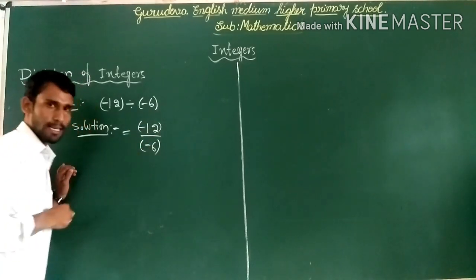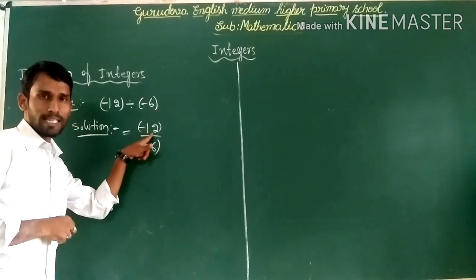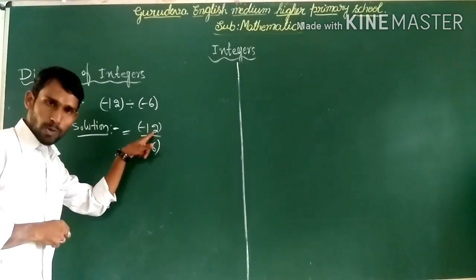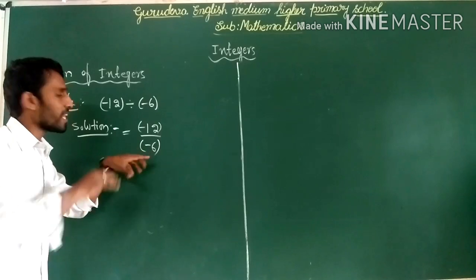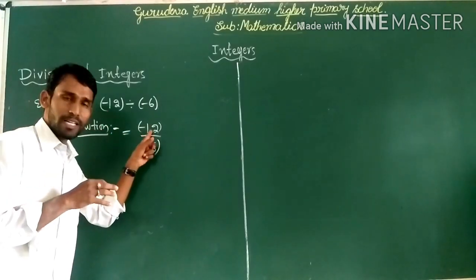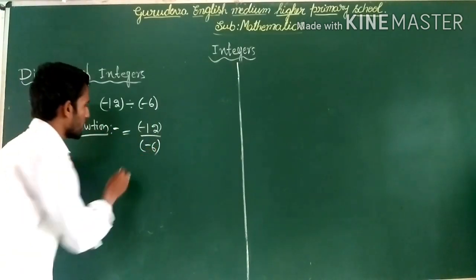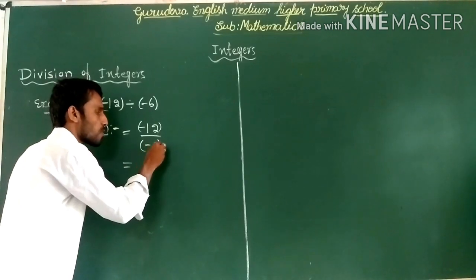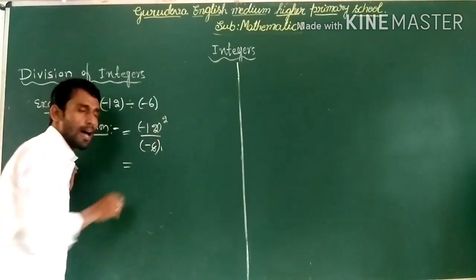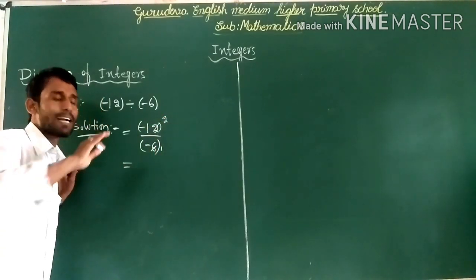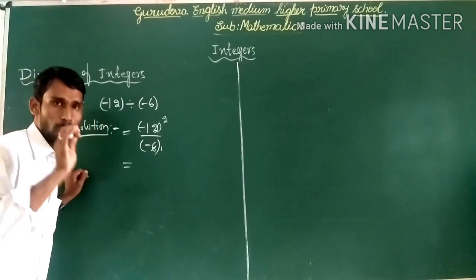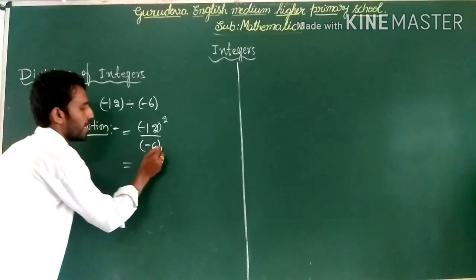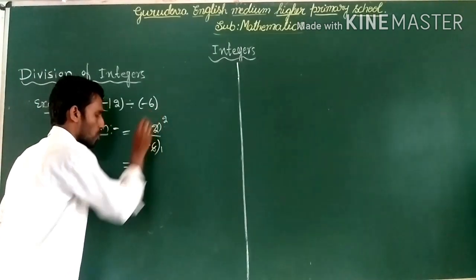Here the numerator is a negative integer and the denominator is also a negative integer. When dividing a negative integer by a negative integer, first you divide the whole numbers. 6 ones are 6, 6 twos are 12.